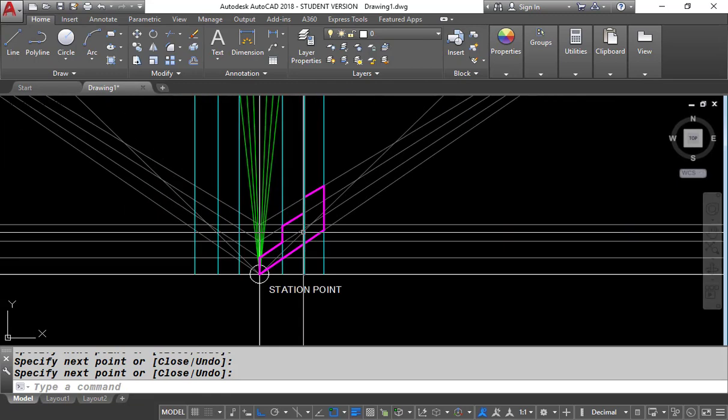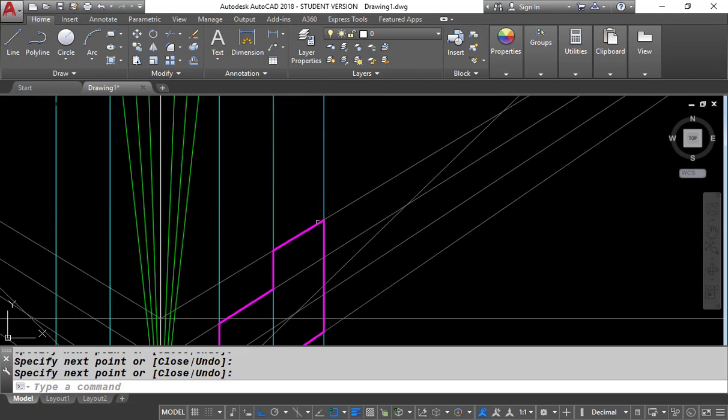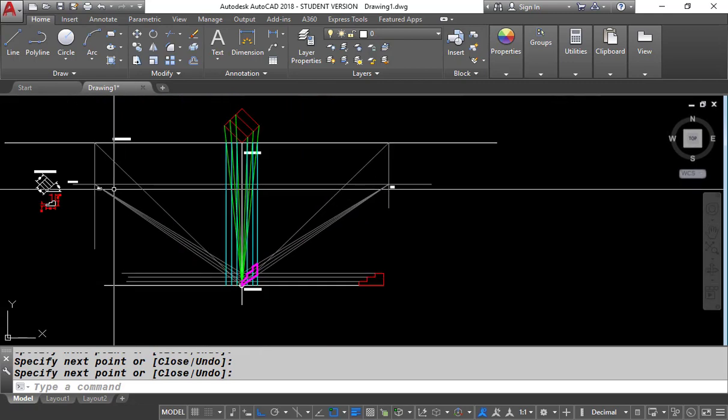Okay, now similarly you have to connect all these points to the vanishing point.